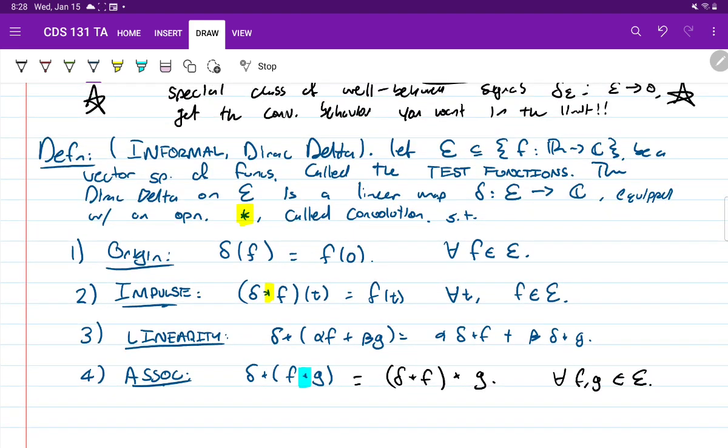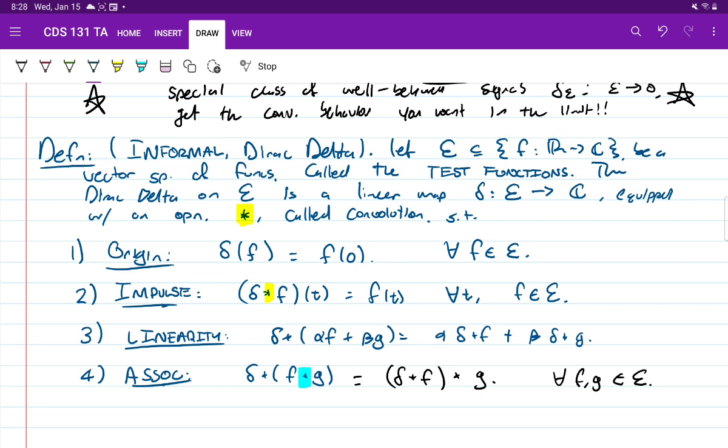Okay, so what I've done over here is I've essentially taken the essential properties of a delta function that we want, right? And I've abstracted them away into this very formal idea of a distribution, okay? This Dirac delta distribution, all right? So this is not a function of time, right? The Dirac delta is actually a map on a space of functions, all right? Because above we proved we cannot have a function of time that gives us what we want, okay?